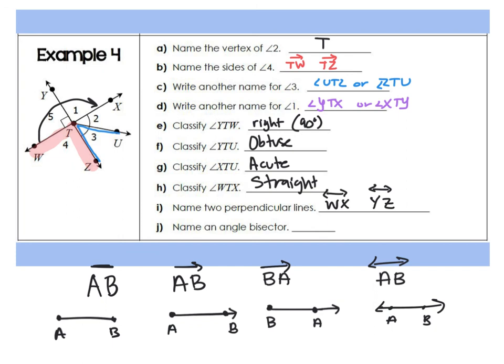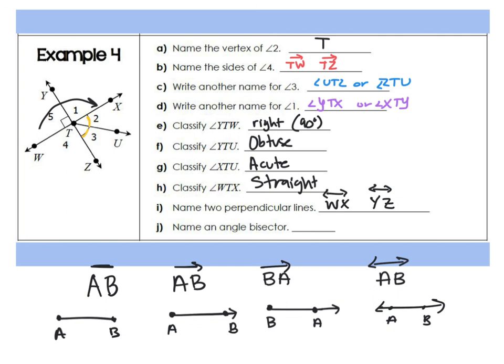Last but not least, it says name an angle bisector. An angle bisector means that it cuts an angle in half. Let me erase this so that you can see what I mean. Notice this line right here, which I'm drawing in yellow, and this line here.